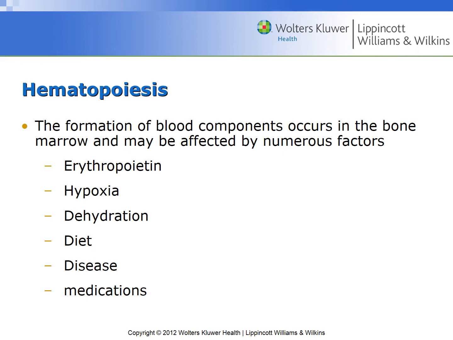If you don't have enough oxygen, or enough gas exchange happening, then your body is going to produce more red blood cells to make the most use of the oxygen that's available.